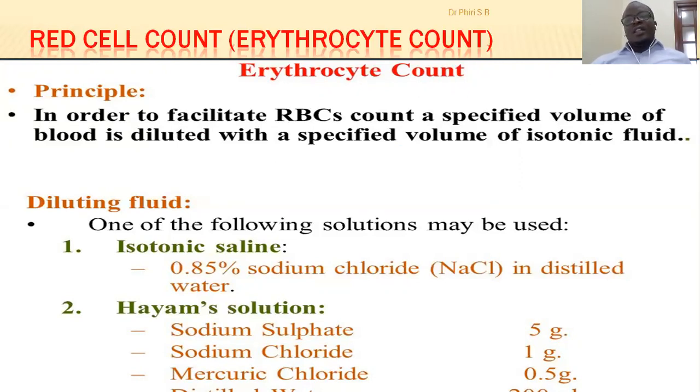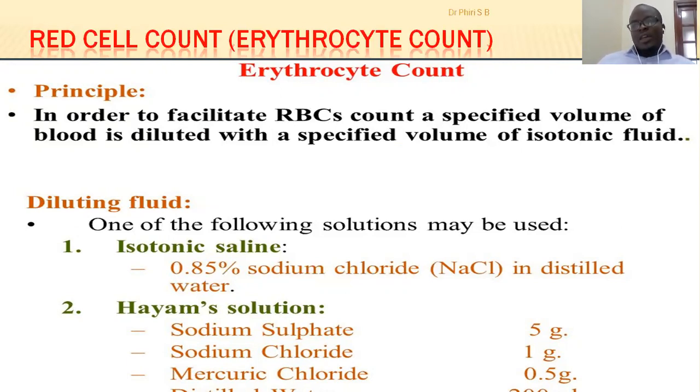Because red blood cells have a tendency of sticking to one another. They will form a stack of cells, which is called rouleaux formation. That stack of red blood cells, you won't be able to count them because there are just too many of them. Even as much as you're appreciating them under the microscope, you can't separate them to be able to count them. So the ideal thing is you dilute them.